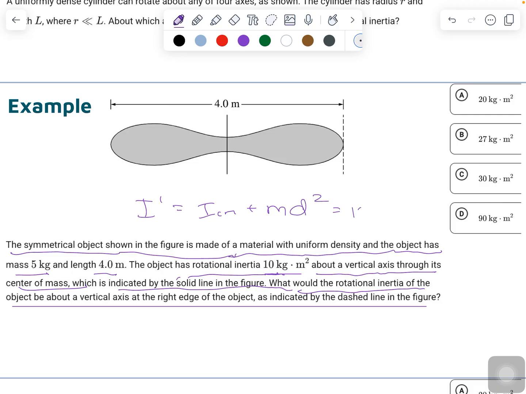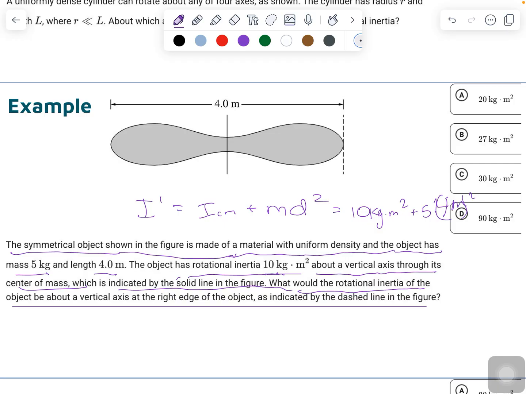So our I center of mass is 10 kilograms times meters squared. And then we are going to add 5 times, and we're going to see how far away we are from that. So that's going to be 4 meters away, and we're going to square that.